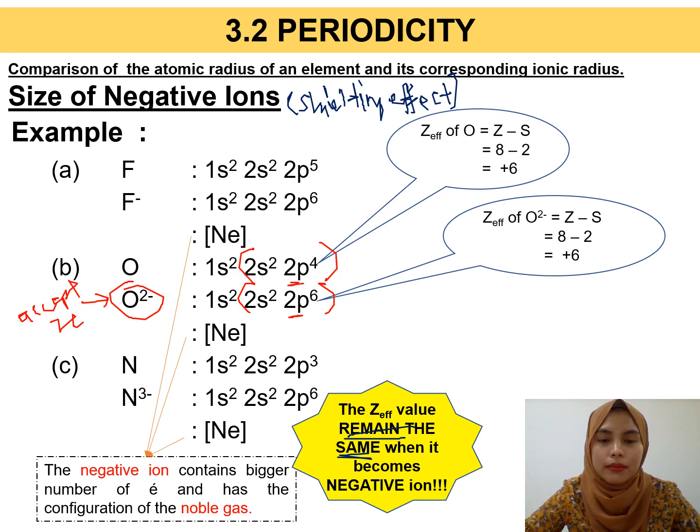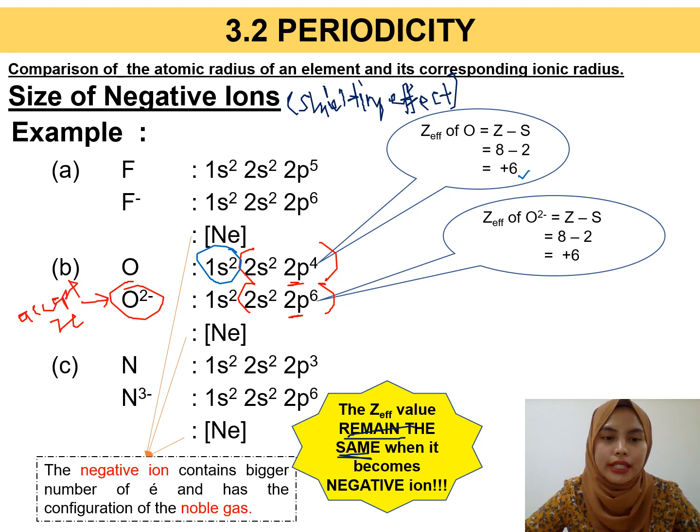Alright. So if you want to calculate Zeff for the atom and its negative ion. For the neutral oxygen atom, the Zeff will be positive 6, because the proton number for oxygen is 8, minus the inner shell 1s2. Okay, so we get positive 6.